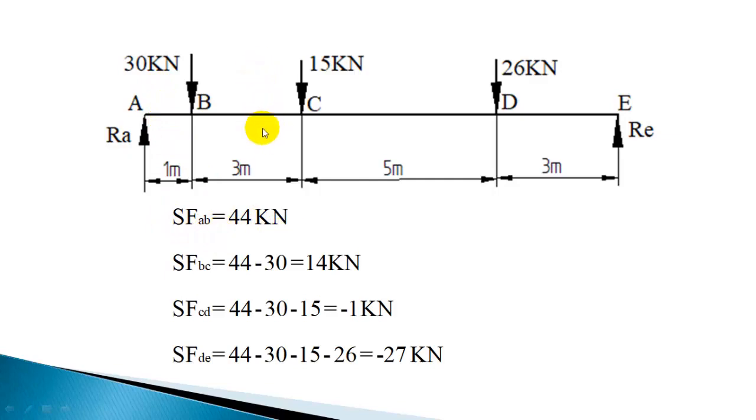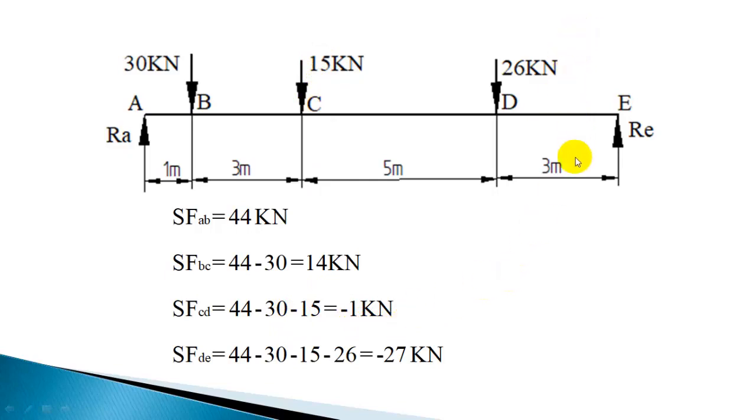Now if you take section BC, anywhere between B and C, it is 44 minus 30. This reaction is 44 upward minus 30, that will be the shear force for section BC. Similarly for the section CD, 44 minus 30 minus 15 will give the shear force as minus 1 kilonewton.